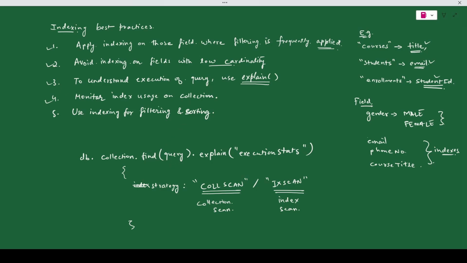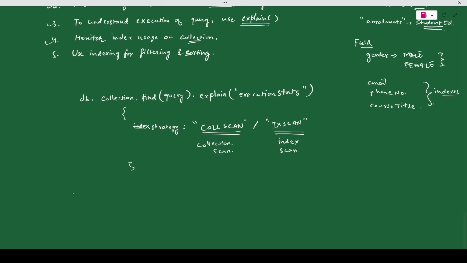Now we should monitor the indices usage on the particular collection. So we have another command, db.collection.stats. With the help of this command, we can understand all the stats related to this collection, such as how much memory is being consumed by this particular index.